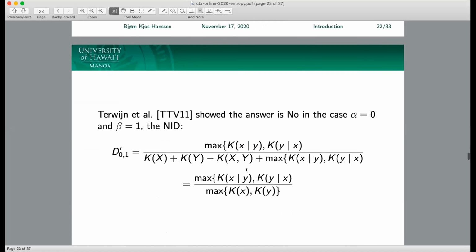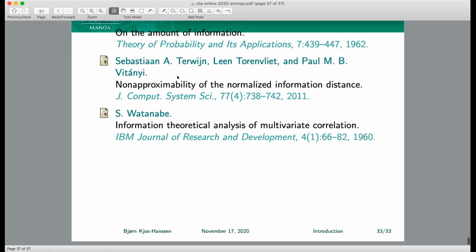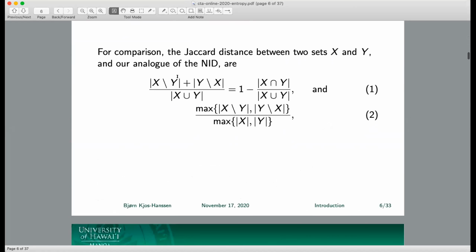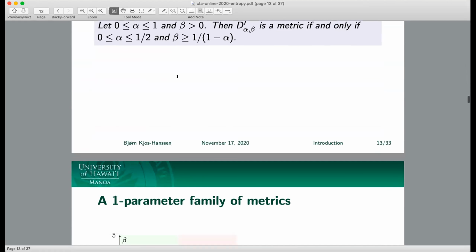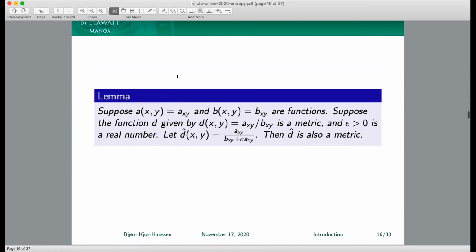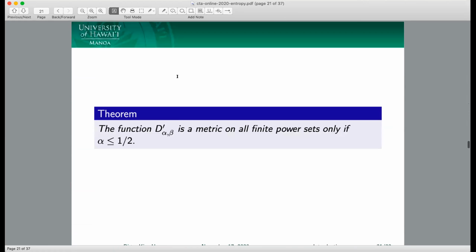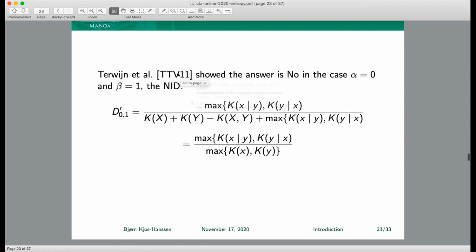So there was a paper by Terwijn, Torenvliet, who I also see in the audience today.